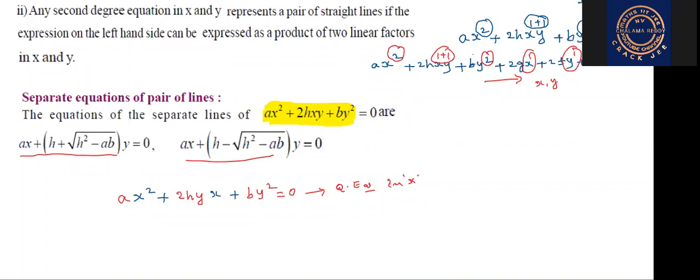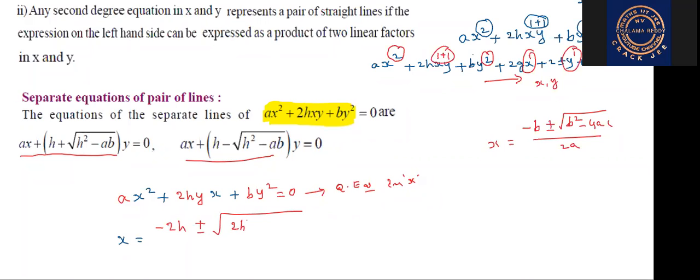We know the formula. What is that? x is equal to minus b plus or minus under root b square minus 4ac by 2a. This is the formula. Use it here. x is equal to minus b, that means minus 2h plus or minus under root b square, b means what? 2h minus 4ac divided by 2a.